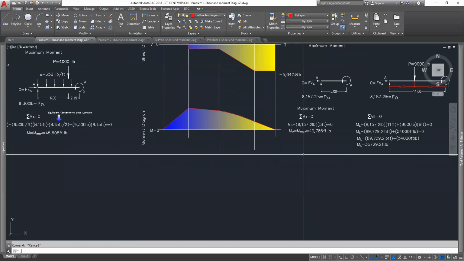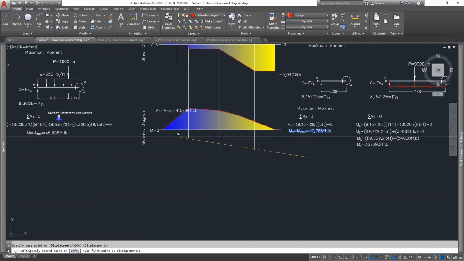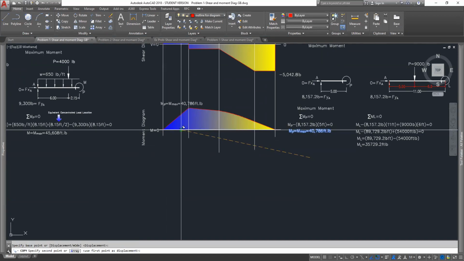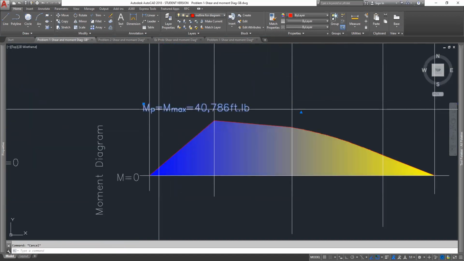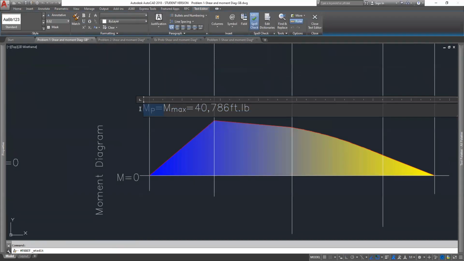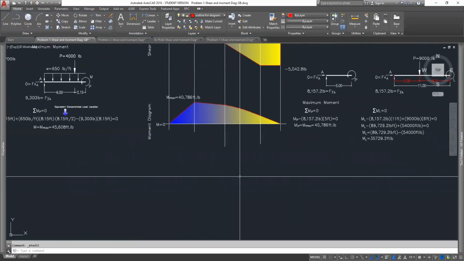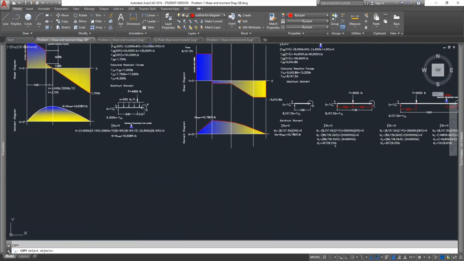All right. We know our max is located at this point. And we know our two other points that are located.